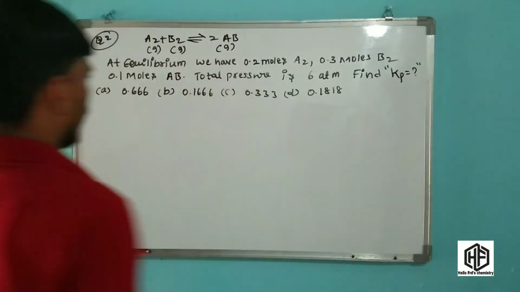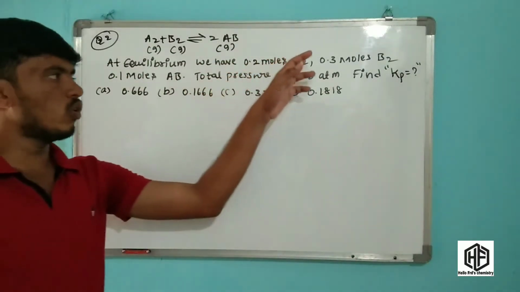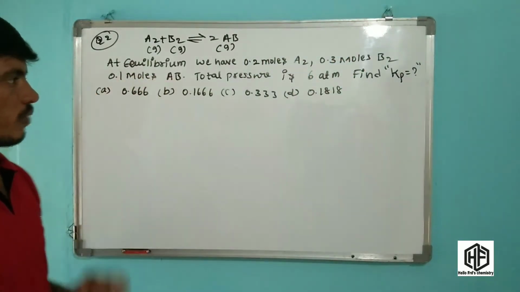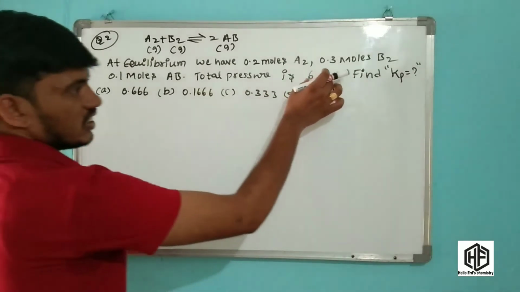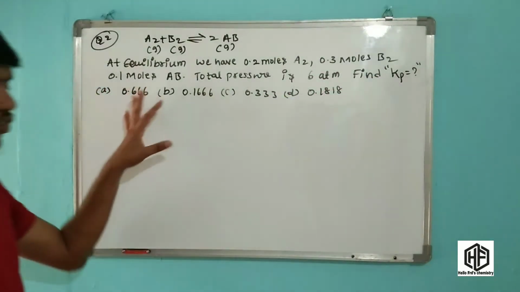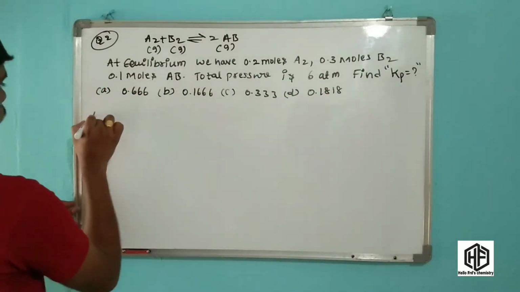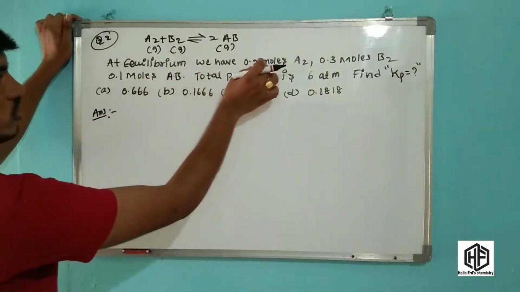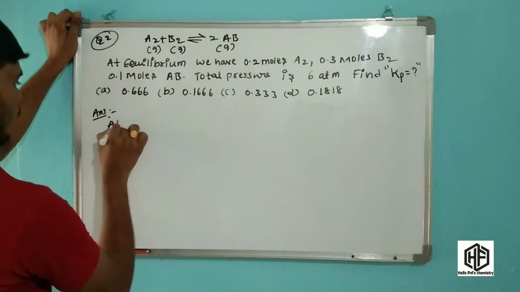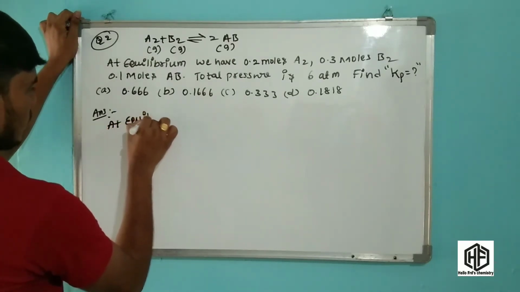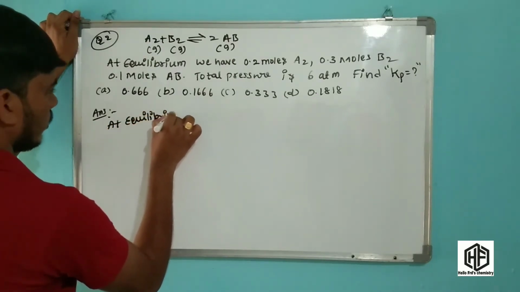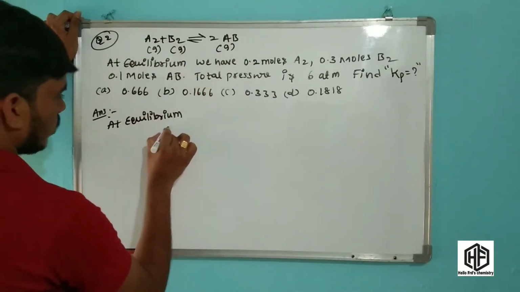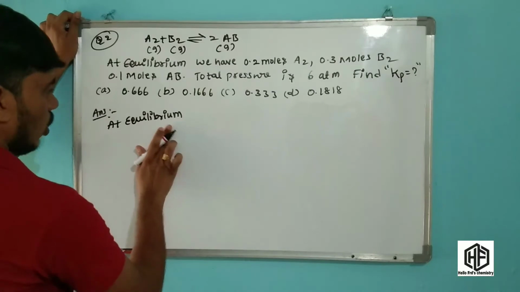The question is: at equilibrium we have 0.2 moles of A2, 0.3 moles of B2, and 0.1 moles of AB. The total pressure is 6 atm. Now solve this question. Friends, first of all, at equilibrium A2 is 0.2 moles.